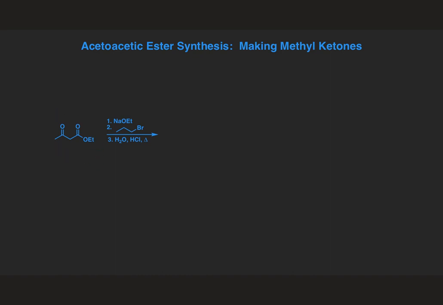And in the first step, again, we're going to deprotonate the alpha carbon to form an enolate, and actually it's going to preferentially form the enolate on the ketone side because ketones are better at stabilizing enolates than esters.